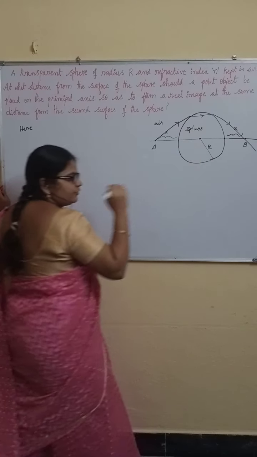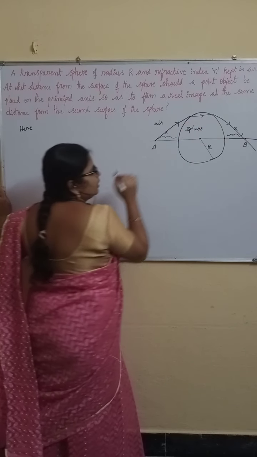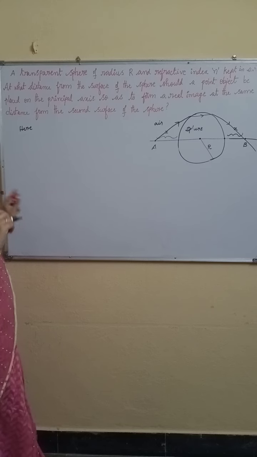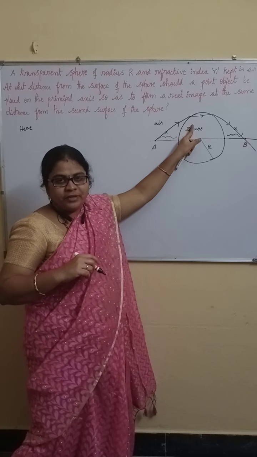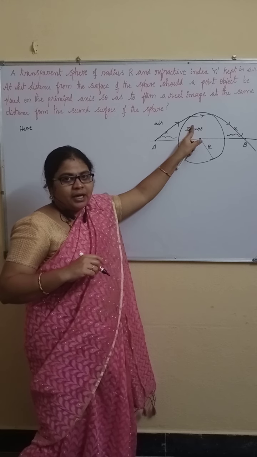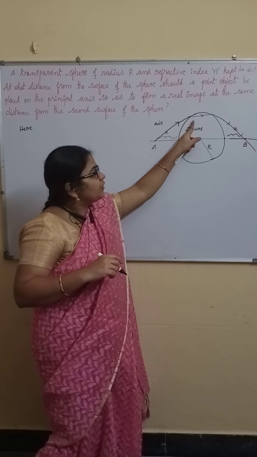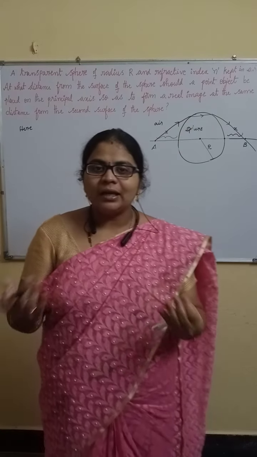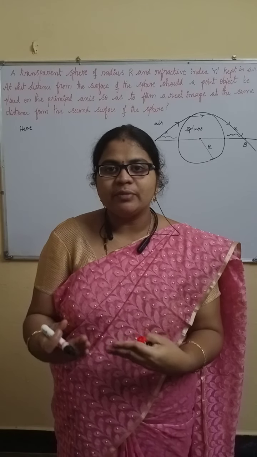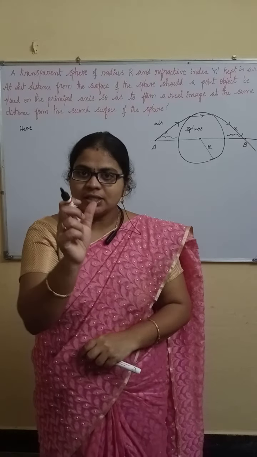For this first curved surface, this is the incident ray and this will be the refracted ray. Are you getting any image here? No, we are not. But when you observe this incident ray and this refracted ray, it is parallel to the principal axis. Parallel means image distance will be infinity. Image distance is infinity. This is important.